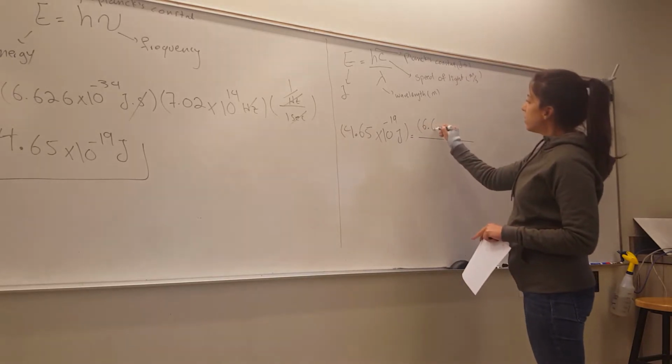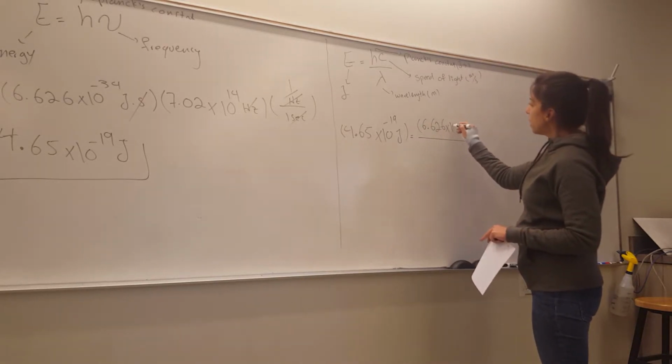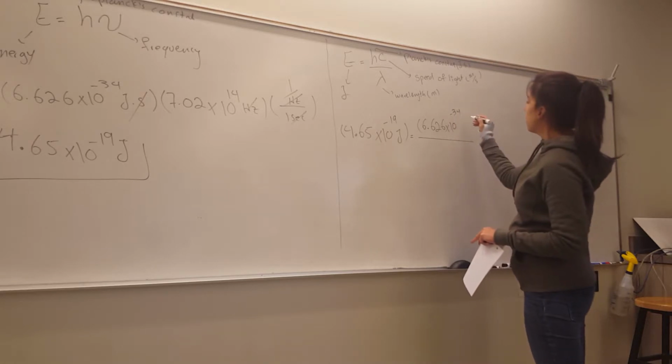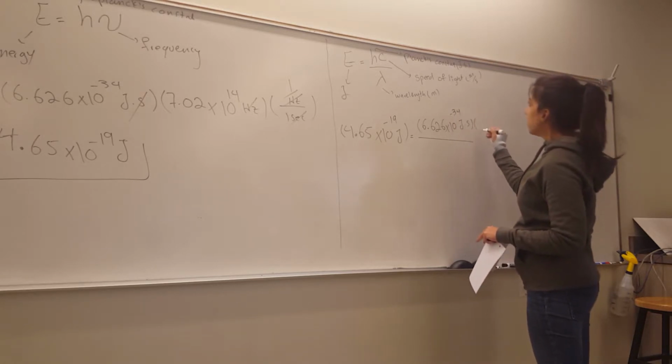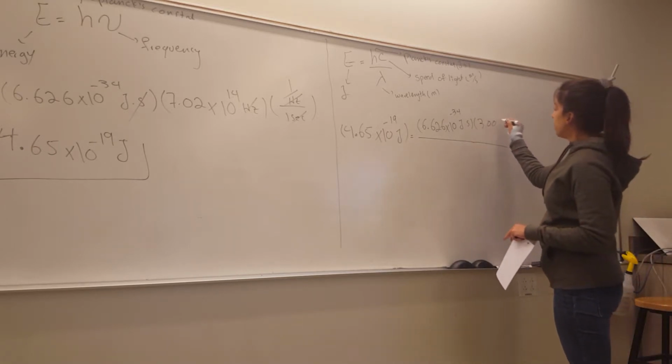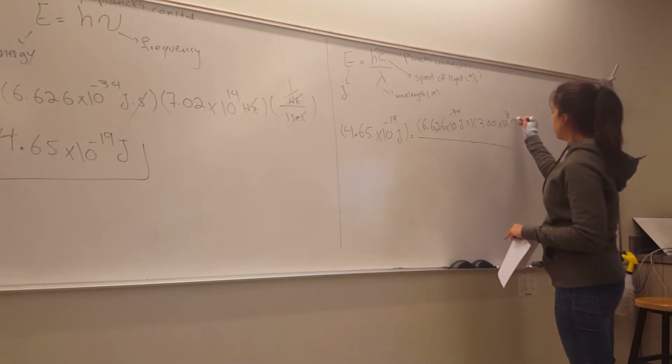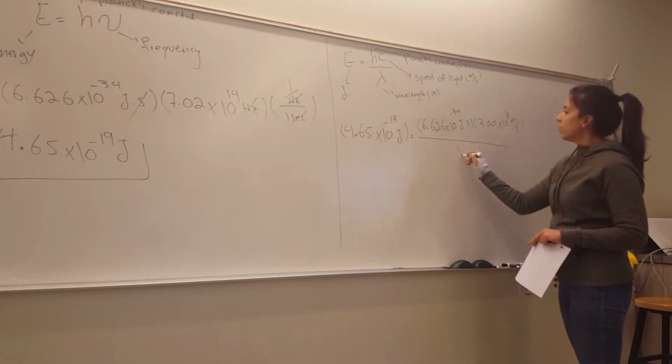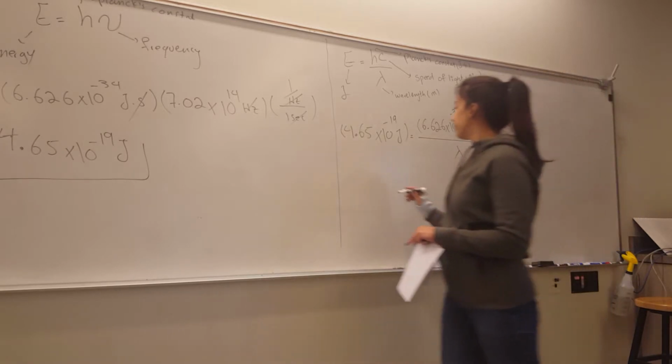Planck's constant is 6.626 times 10 to the negative 34 joule second. Speed of light is 3 times 10 to the 8 meter per second, and you're solving for lambda.